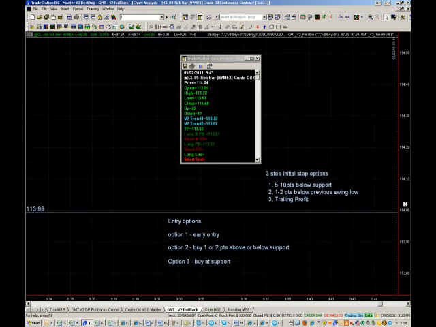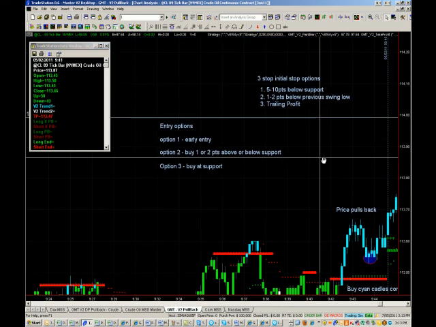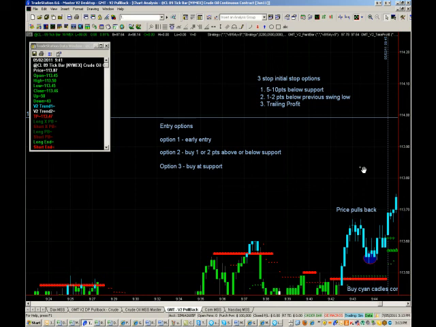So when you're testing and going through these trade setups, you may want to focus in on one or two of these and just whatever suits your style and your level of risk, because if you're using a fairly tight stop, you're obviously going to have a reduced level of risk, and what you'll find also is that you potentially may be taking more trades, because tighter stops mean that you don't give the trade a lot of room to breathe. But again, it's something for you to test during your trading.